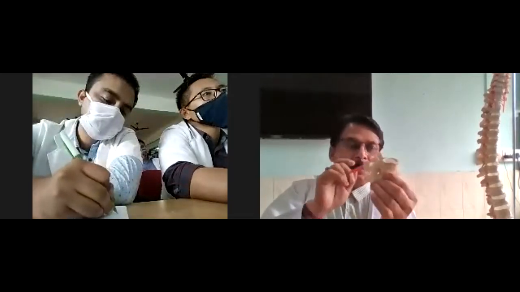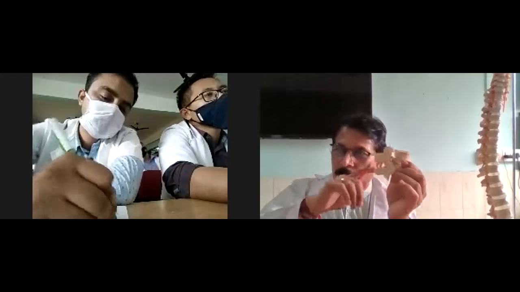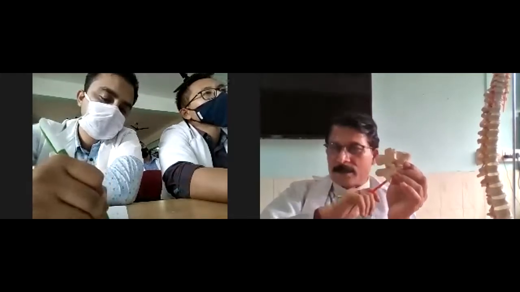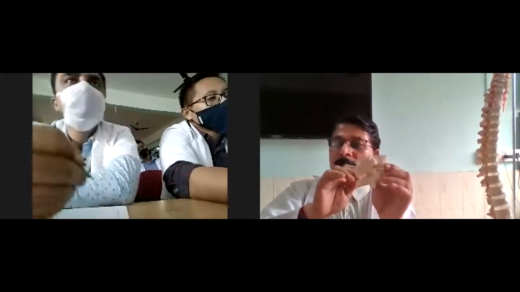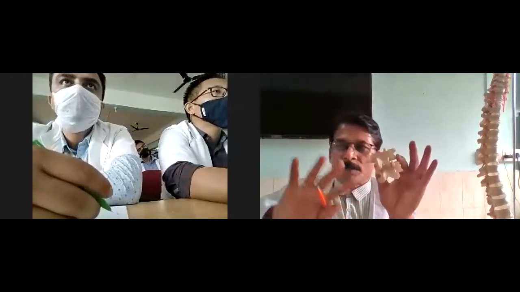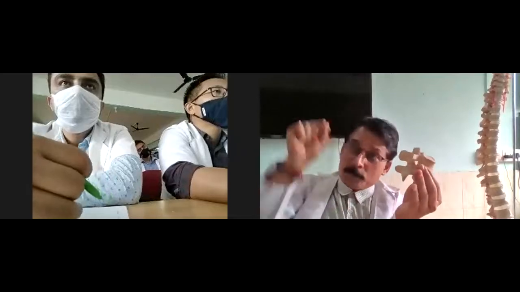One is called the nucleus pulposus inside, and the surrounding structure is called the annulus fibrosus. The annulus fibrosus is holding between the two end plate margins. They are crisscross, just like a tire. You have many layers there holding it, and it is also a type of joint.